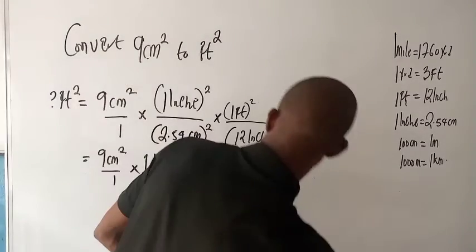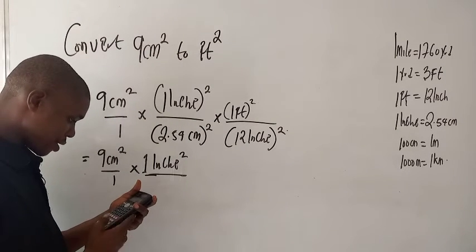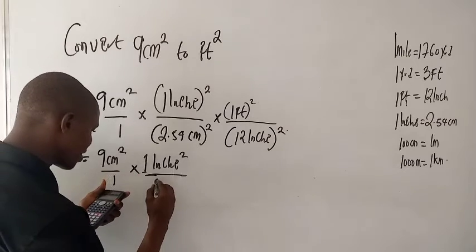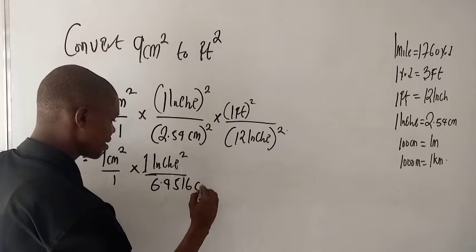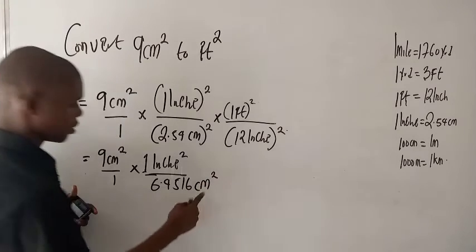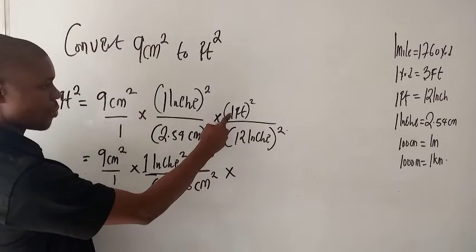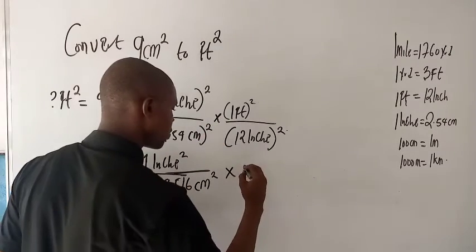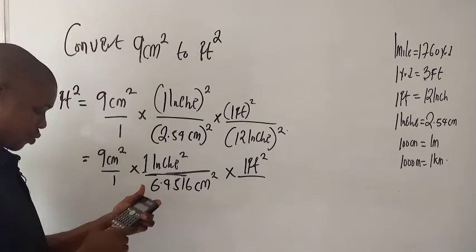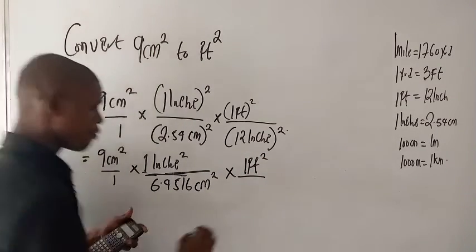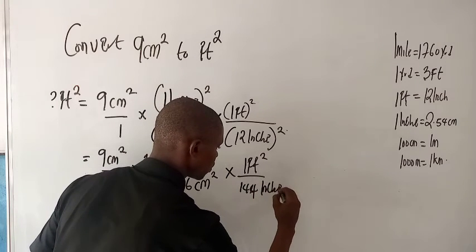Let's punch it on our calculator: 2.54 to the power 2 is 6.4516 cm square. Times 1 raised to the power 2 is also 1, feet raised to power 2, over 12 raised to power 2, which is 144 inch square.